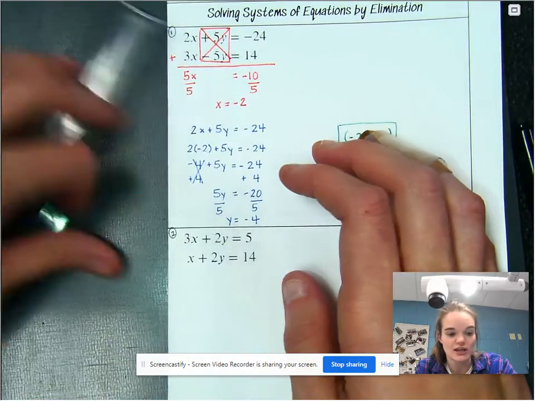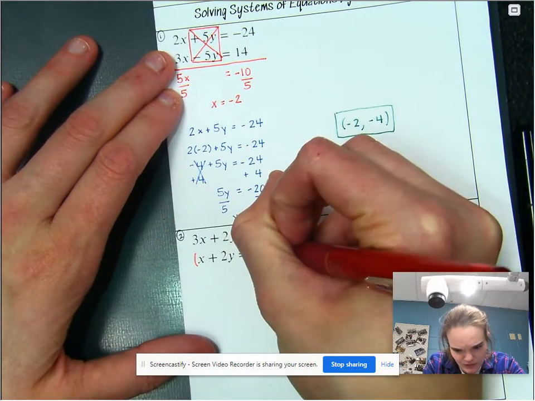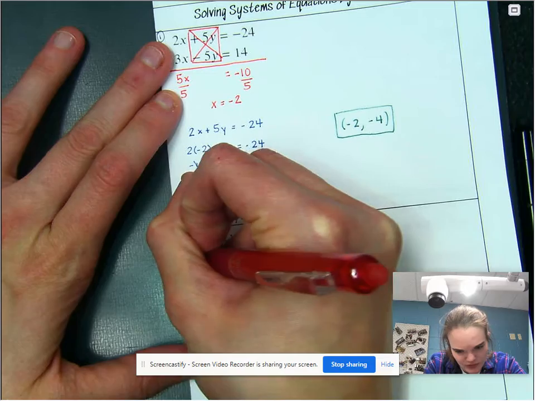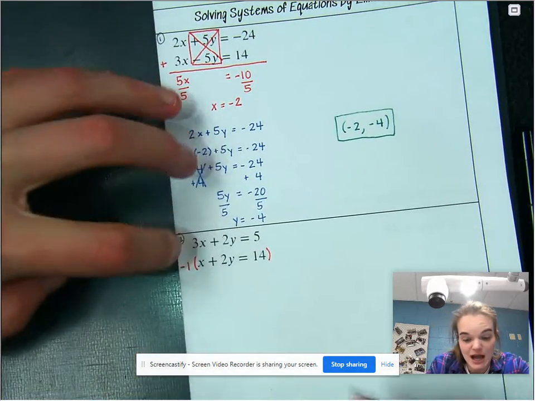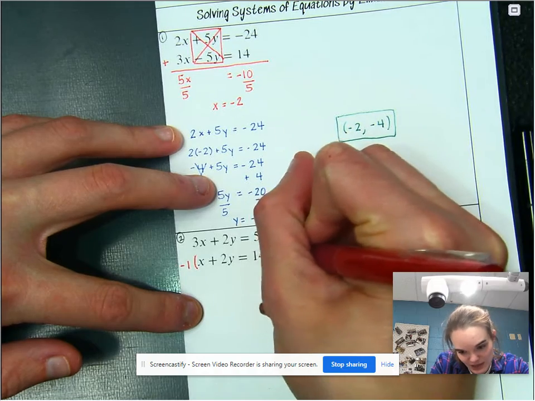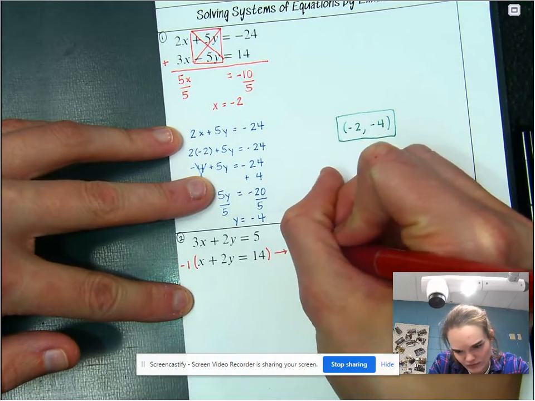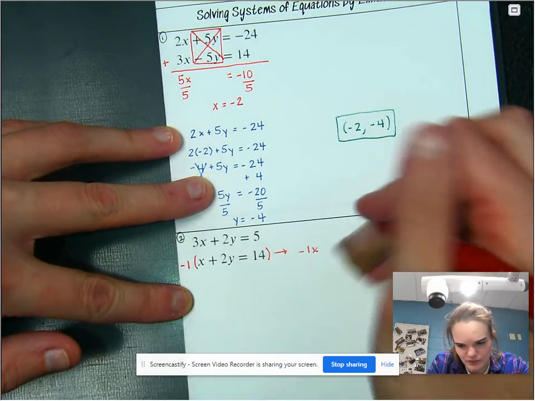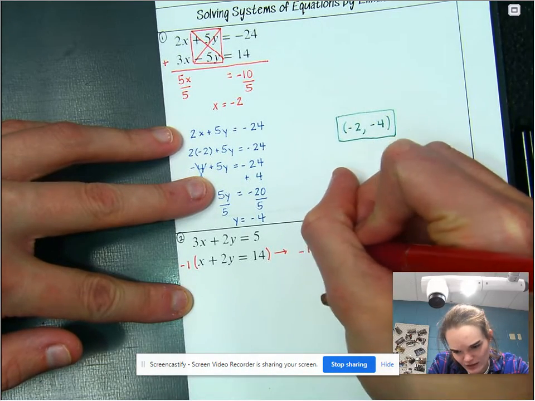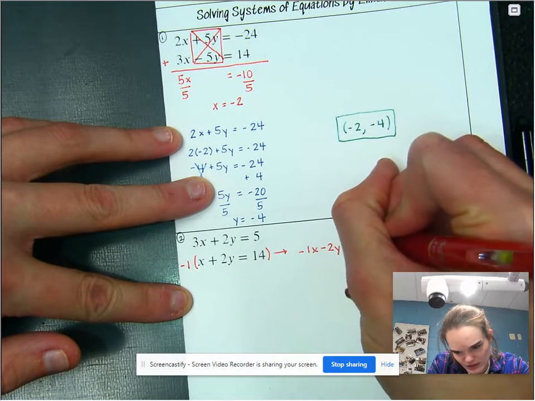In order to change that, I'm going to have to multiply one of them by a negative 1 to fix it. However, I have to multiply every single thing in this line by a negative 1. Negative 1 times x is negative 1x. Negative 1 times 2y is negative 2y. And negative 1 times 14 is negative 14.